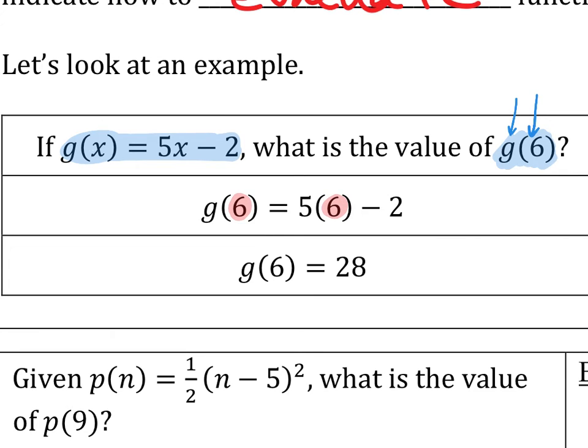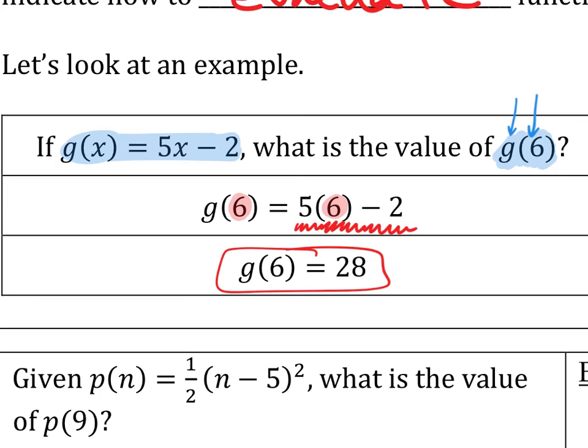Because of that, are you going to multiply? Absolutely. What's 5 times 6? What's 30 minus 2? I'm done. You've evaluated. You've calculated. You don't even need to do this part in your head. I want everybody on their Desmos, or your calculator, to type just the right side of this equation in, 5 parentheses x minus 2, and make sure you get 28 out.